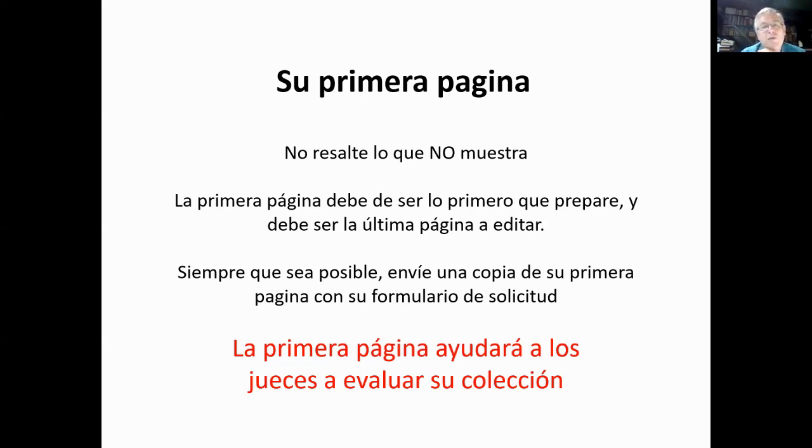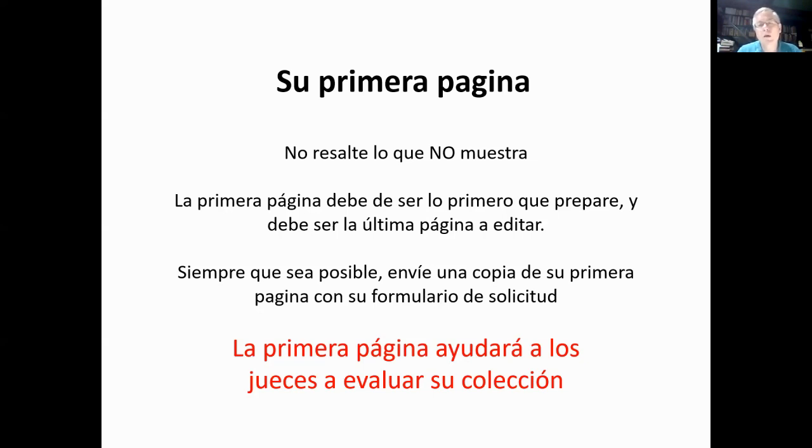Really, you don't need to emphasize what you do not show. Why do you want to undermine your exhibit by saying all the things that you do not have? That's a really, really important thing to keep in mind.